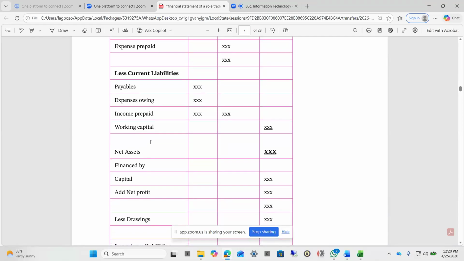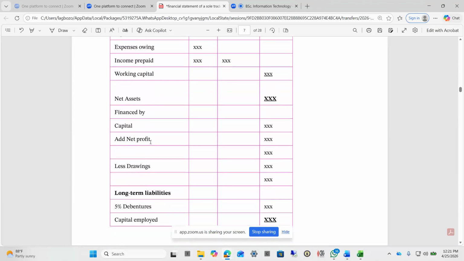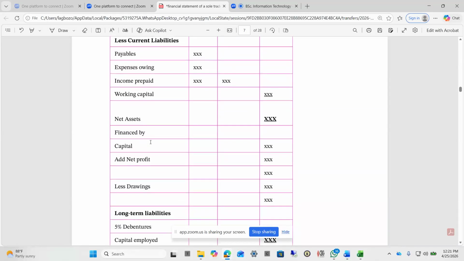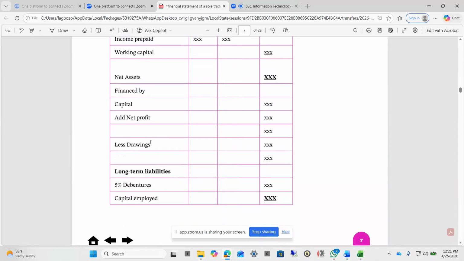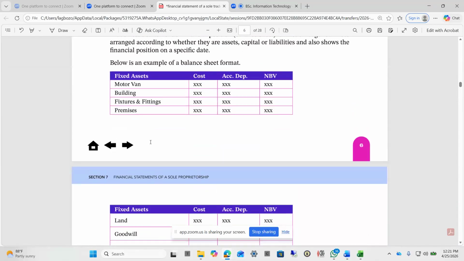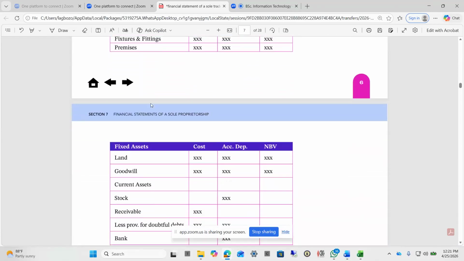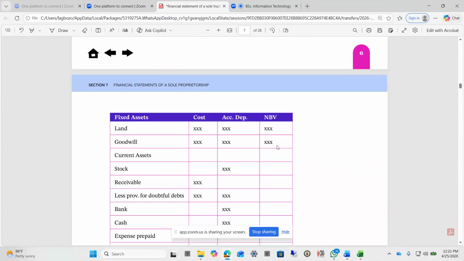So we are saying the capital side depends on the type of funding the company is using. It could be equity, which is shares, and it could also be a debenture. This is how the balance sheet looks. From the top, the immediate top is fixed assets, and the total ends over here.